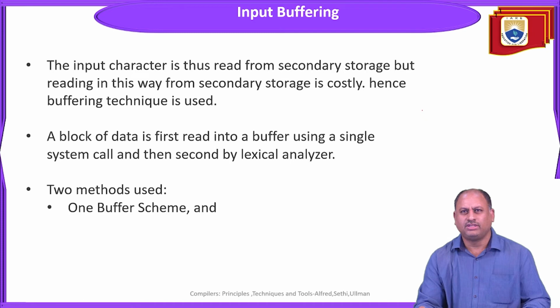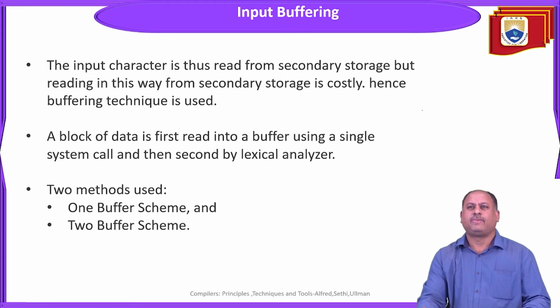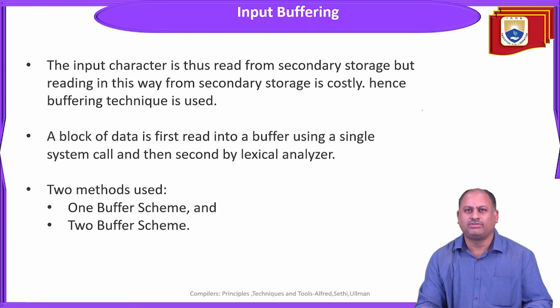That's why two methods are used: one is the one buffer scheme, another is the two buffer scheme. Sometimes you have to read a block of data and then send it to the buffer. Using a system call every time to read character by character is a very lengthy procedure.